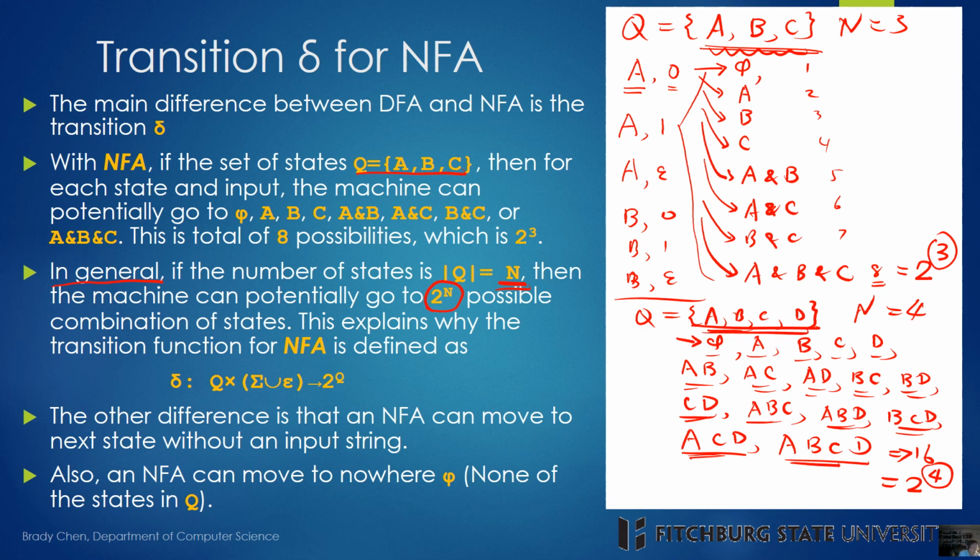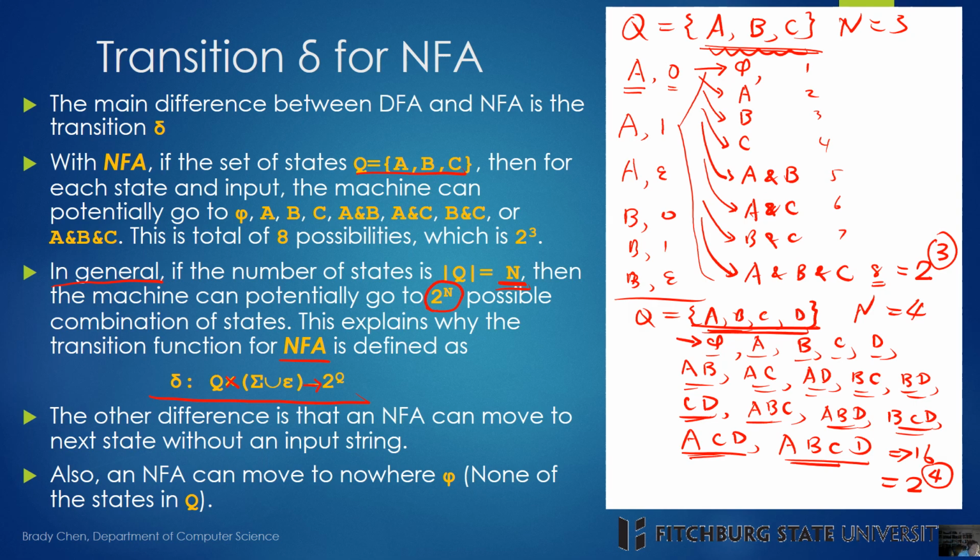So this basically explains why the transition function for NFA is defined as Q times epsilon union sigma union epsilon to 2 to the Q. It's actually 2 to the Q possible destinations. So that's the difference. It's very, very different, right?